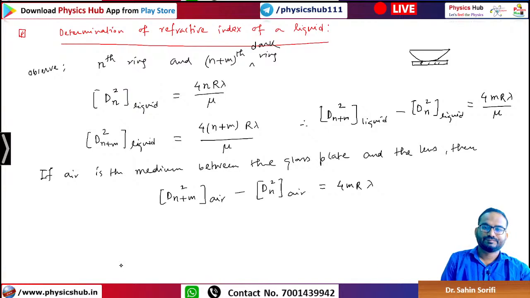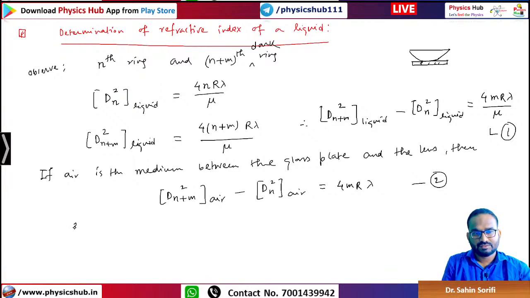Okay. Now if I take this, let's say this is 1, this is 2. If you divide 2 by 1, what you get? You get mu: 4m r lambda divided by 4m lambda by mu.